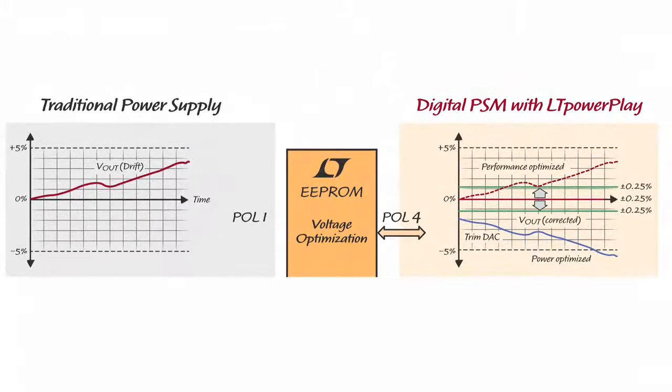These voltage drifts may violate design margins. A digitally managed supply is constantly measuring the power supply output voltage with a very accurate and stable analog to digital converter. A time servo loop automatically adjusts the value of a trim DAC, canceling the power supply output voltage drift and greatly improving precision.